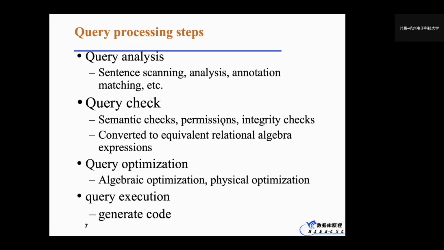And we have the query check, which will check the semantics and the permissions and check if it satisfies the integrity constraints. And it will convert it to the equivalent relational algebra expressions. And then we have the query optimization, which has the algebraic optimization and physical optimization. And then we have the query execution, which generates the code and processes the query.